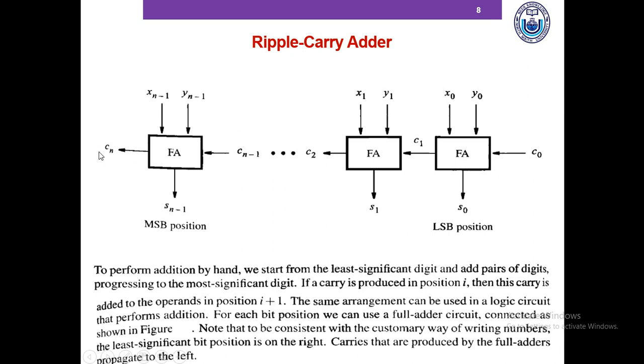When the final carry is produced, it goes to the beginning of the sum. The carry is propagated through the adders just like ripples are propagated in pond water. That's why it's called the ripple carry adder. The carries produced by the full adders propagate to the left.